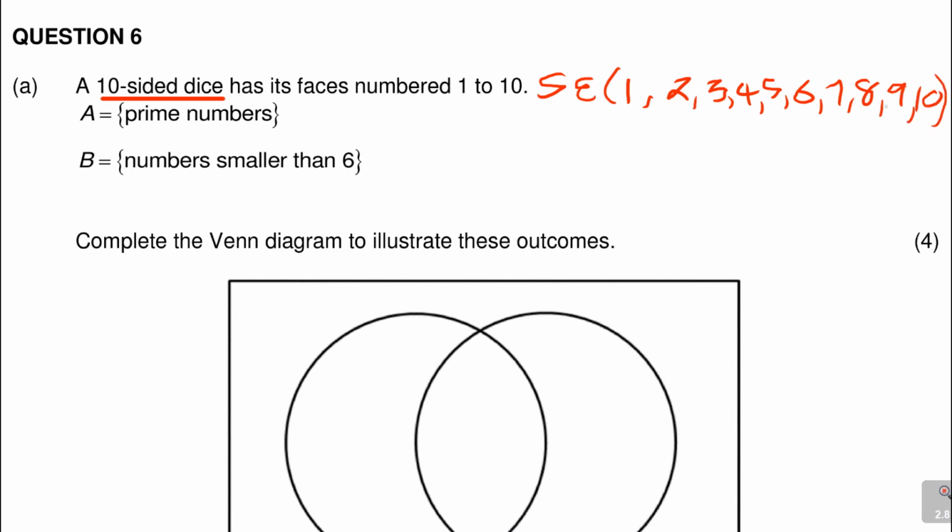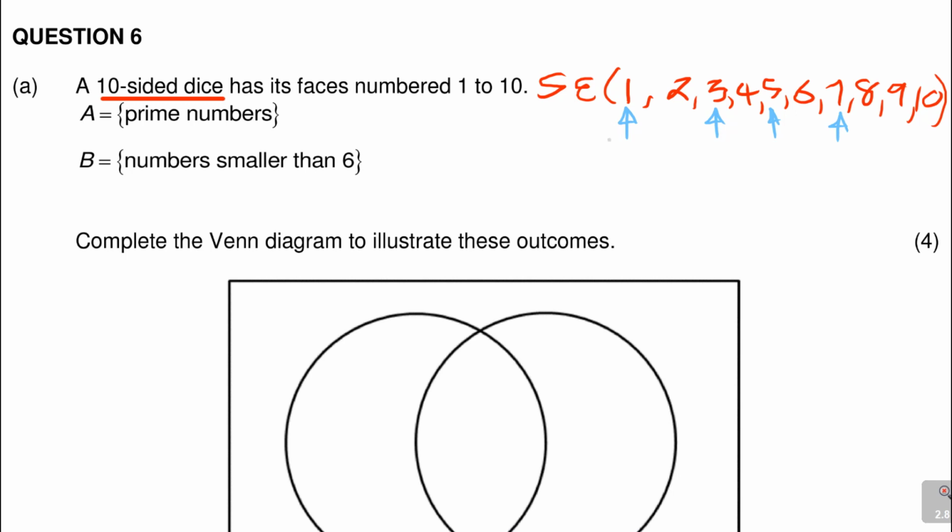With this 10-sided dice, they're saying A is prime numbers, which means we need to locate prime numbers. Remember, what is a prime number? I was saying it is a number that 2 cannot enter into without leaving a remainder, but actually no, that is not even numbers and odd numbers.